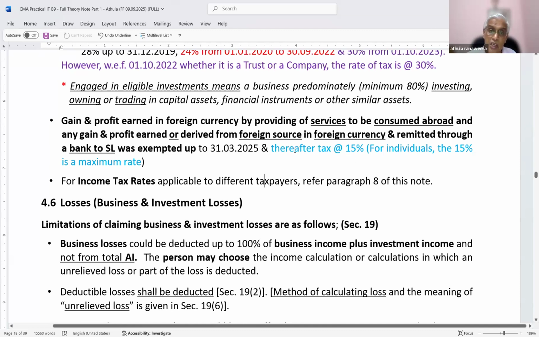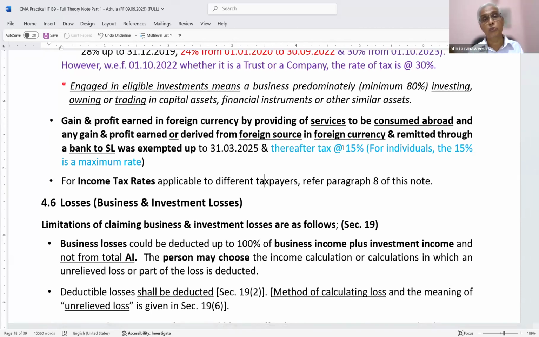Still you were enjoying 0% tax, a tax exemption. Now it is liable for 15% tax. In the case of an individual, this 15% is the maximum tax rate. You can enjoy 6% if you don't have any other income, as it's slab rates. But in any other case, for entities, it is a flat rate of 15%.